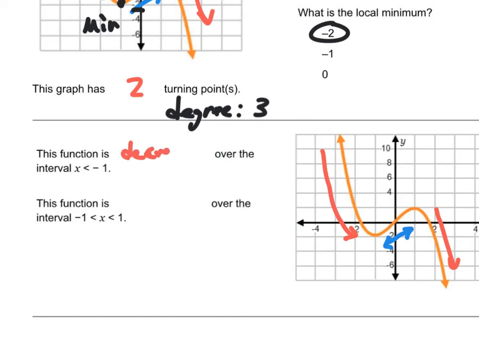It was going down. Now from -1 to +1, these are the x values, the function was increasing over that interval. And then if x is greater than +1, then the function was decreasing. I don't think that's on there.